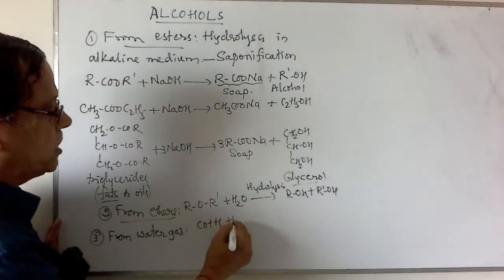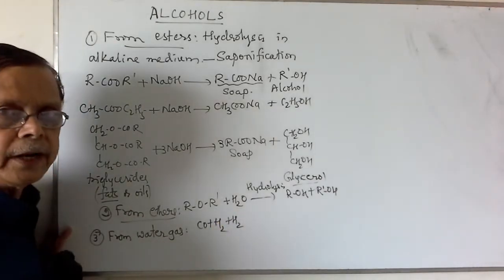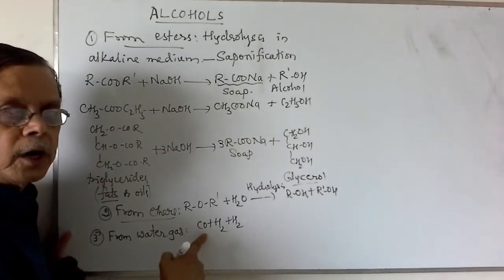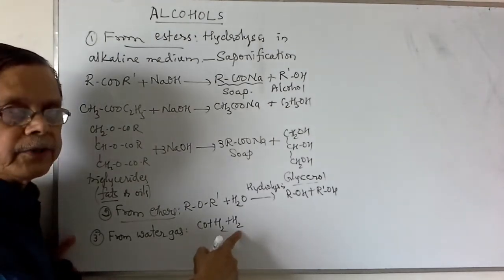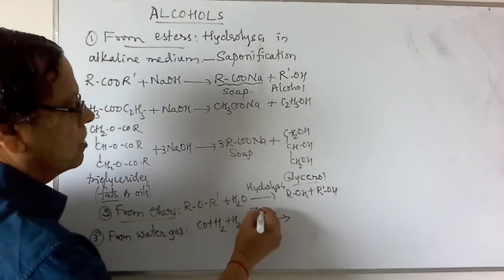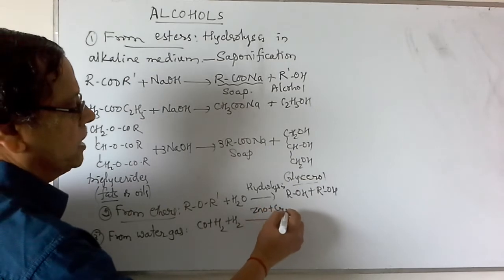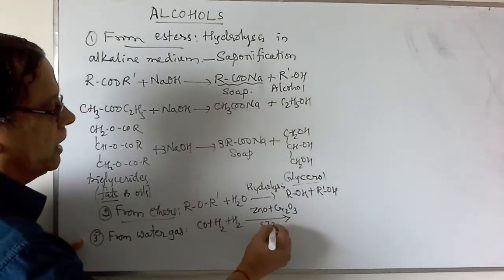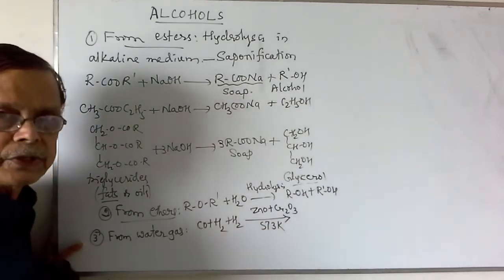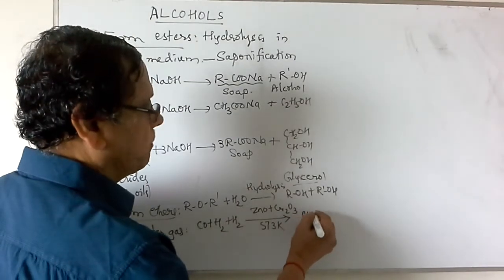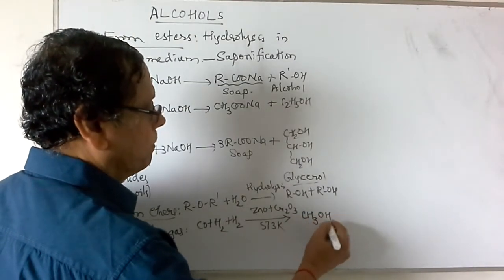This water gas is mixed with half its volume of hydrogen. So here already 2 volumes are present, and 1 volume of hydrogen is mixed. This mixture is passed over zinc oxide and chromium sesquioxide at about 573 Kelvin, about 300 degrees Celsius. Then the reduction of carbon monoxide will take place to give rise to methanol.